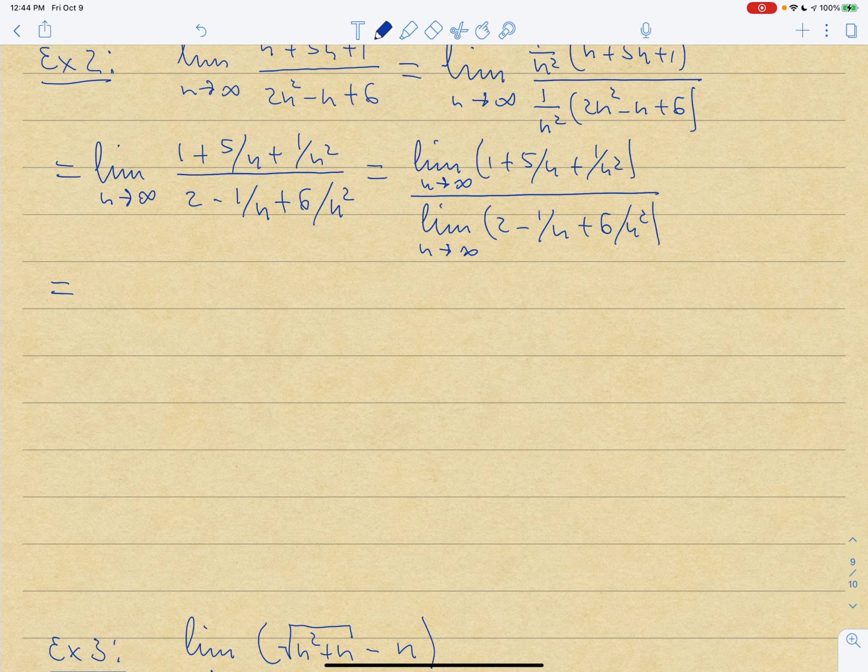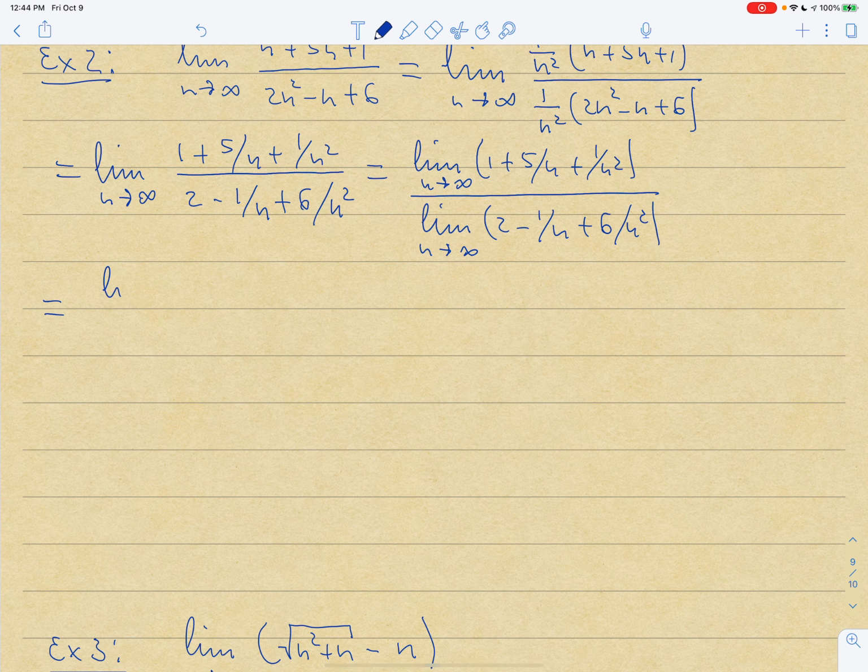The limit of the top consists of the sum of three sequences, and one of those sequences is multiplied by 5, so I should be able to use the property, first of all, that the limit of the sum is the sum of limits, and second, that the limit of a constant times a sequence is equal to the constant times the limit of that sequence.